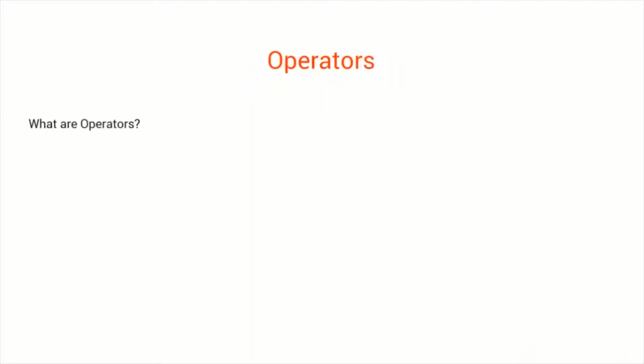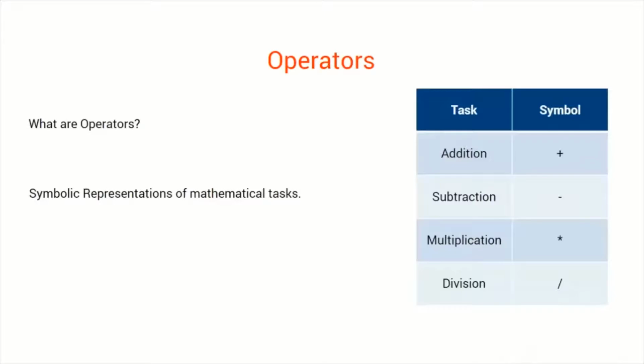So what are operators? In simplistic terms, operators are symbolic representations of mathematical tasks. Or in other way, this is how computers recognize what mathematical tasks to perform. Here are some mathematical tasks such as addition, subtraction, along with their symbols.